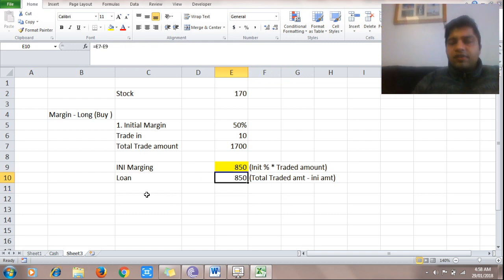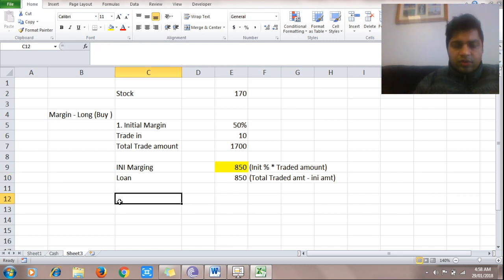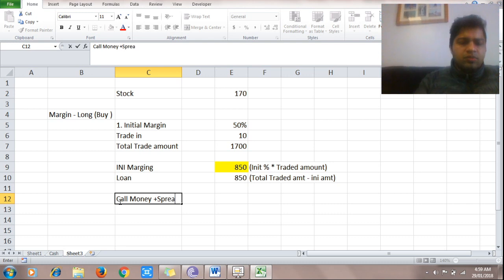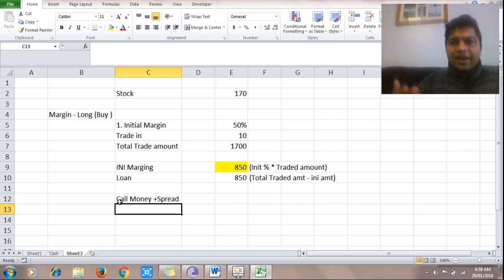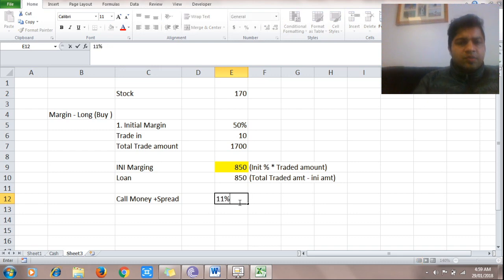Now the broker will charge a certain percentage on this loan amount. This percentage that the broker charges is generally the call money rate, the borrowing rate that is going on in the economy, plus the spread. So brokers generally add a certain spread to the call money rate and they charge that interest rate on the borrowed amount. So assume that it is 11%.